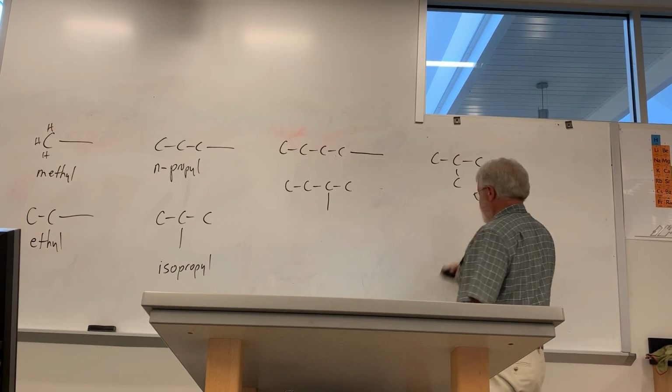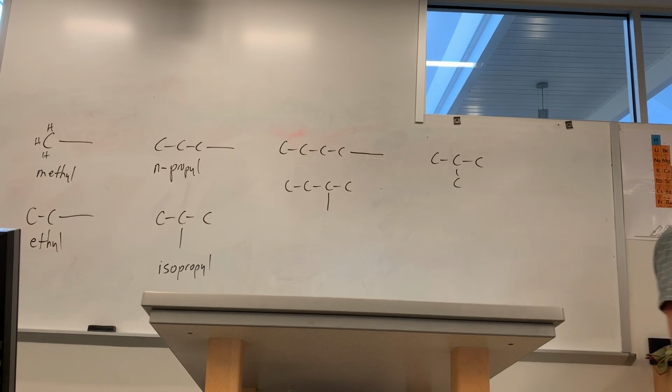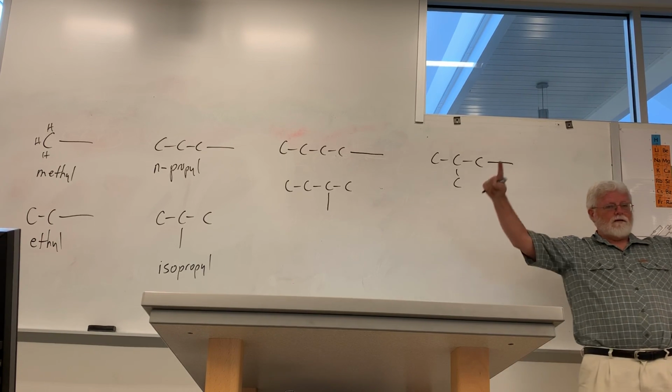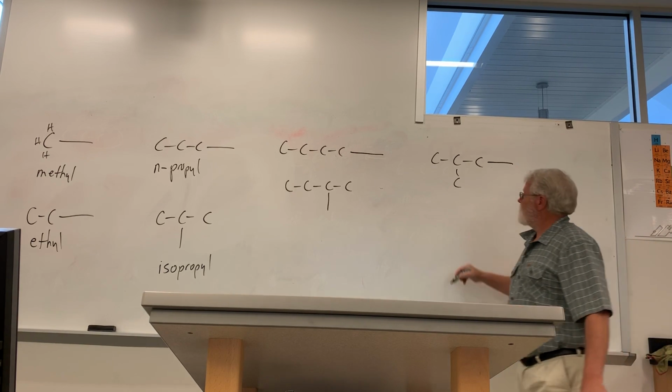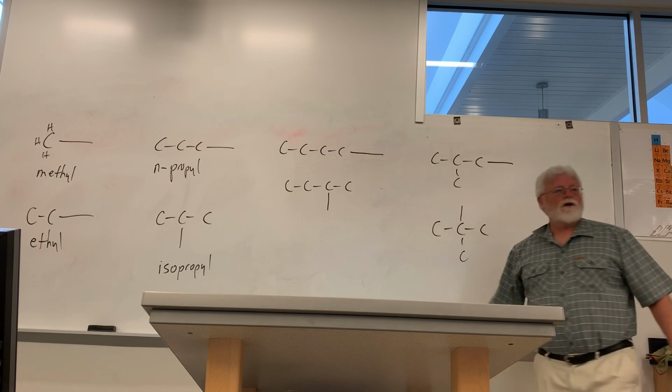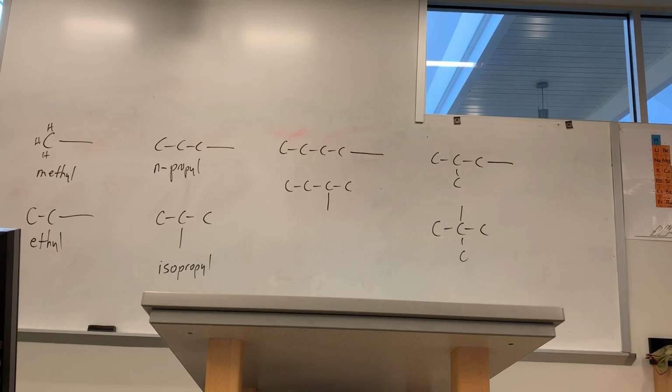And the 4 carbons don't even have to be in a line. There's no way for 3 carbons not to be in a line. But 4 carbons don't even have to be all lined up in a row. So arranged this way, we could hook it onto a parent chain via one of the outside carbons. Or we could hook it onto the parent chain via the inside carbon. So there are 4 different ways.